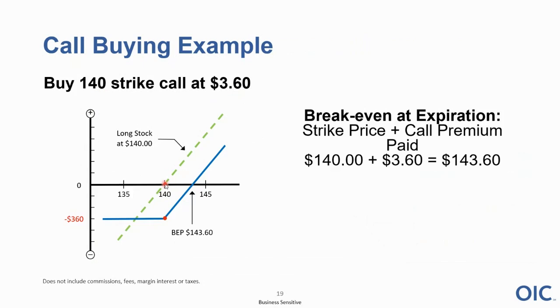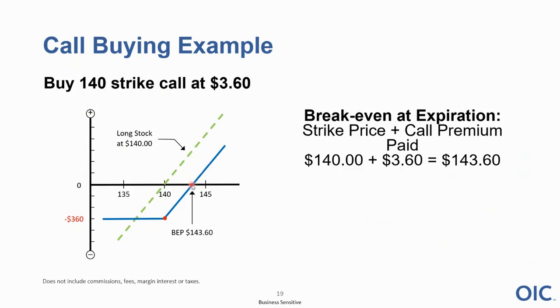So if we decided to exercise this contract, and when we exercise, we're exercising our right to buy that stock, we're going to be buying shares at $140, but it's costing us $3.60 to do it. So our break-even point is going to be our strike price plus the premium that we pay. That's $143.60. So that's what we can see right here. Here's our break-even. If stock finishes above $143.60, then that's going to be our profit.